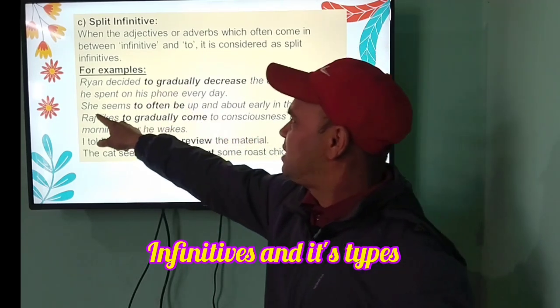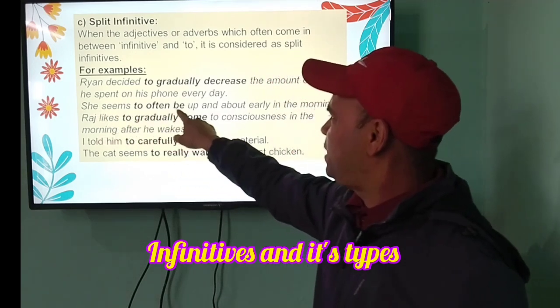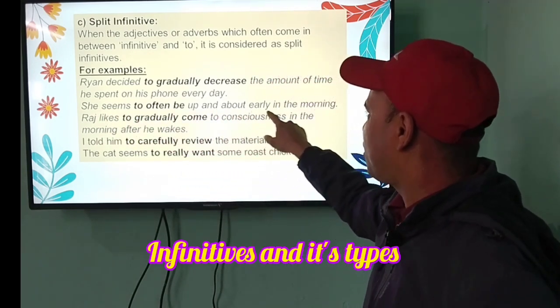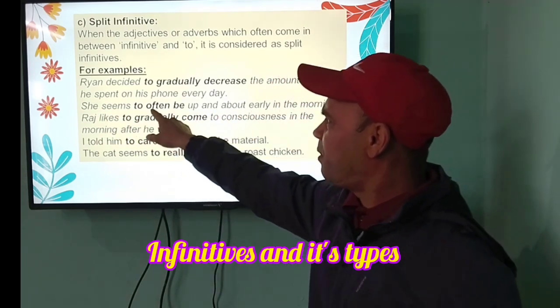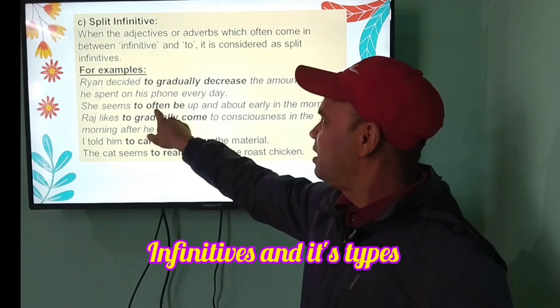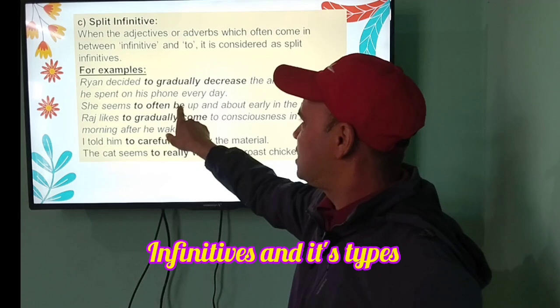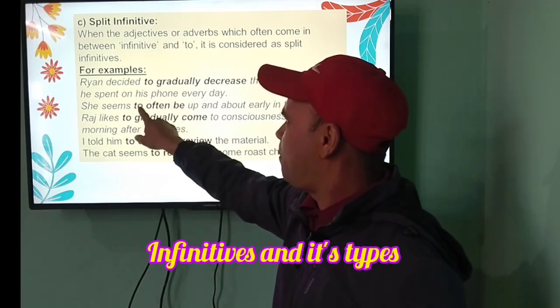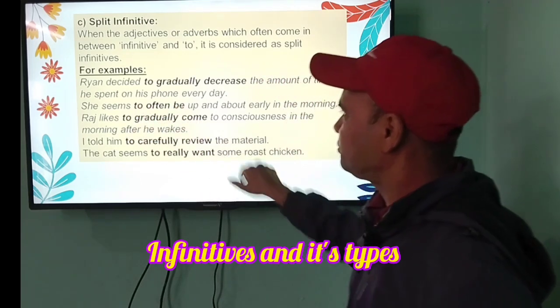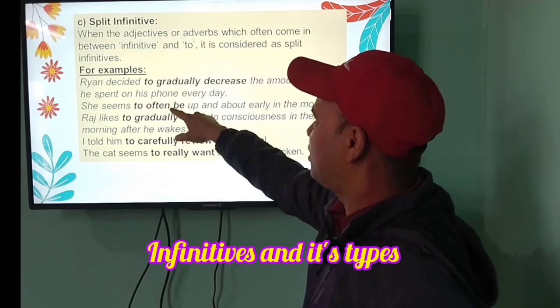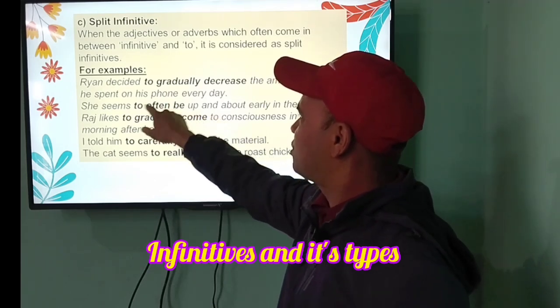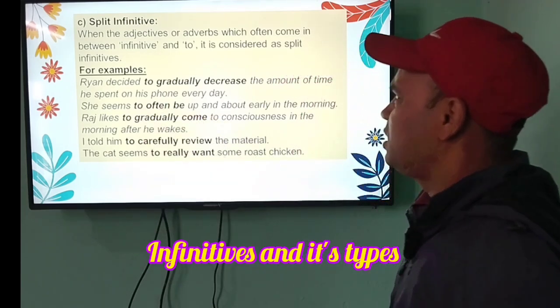Another is, she seems to often be up and about early in the morning. So here often comes between be and to, between the two. It's called a split infinitive.